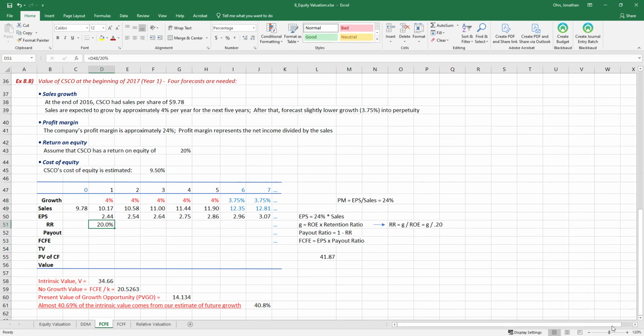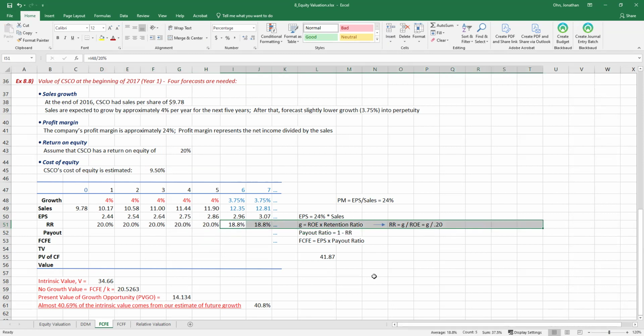And then it's the same thing for all those. Let's copy here. For the first 5 years the retention ratio is 20%, and after that it is 18.8%. So there's the retention ratio.